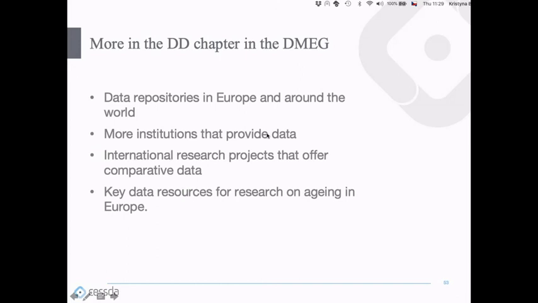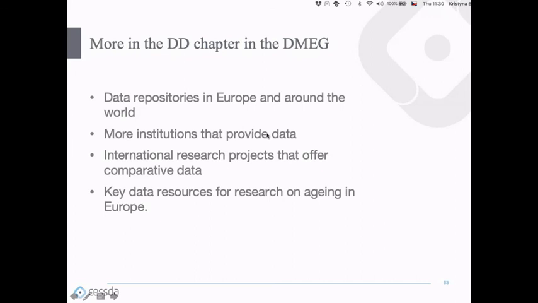And now let's get back shortly to the discovery chapter in the Data Management Expert Guide. We will very shortly tell you about other useful information you may find there. There are a few very rich lists of data repositories in Europe and around the world. But there is also a list of other institutions that provide secondary data.